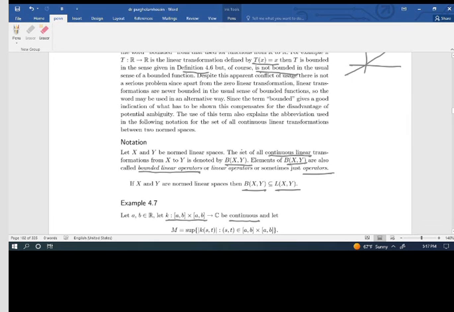The first letter of the word continuous is C, so maybe we would show that by C of X and Y. But we denote it by B of X and Y because B is the first letter of bounded, and because continuous linear transformations are the same as bounded linear transformations, we can show continuous linear transformations by B of X and Y. We can call these linear transformations, or bounded linear transformations, by B of X and Y. As you see, bounded linear operators.